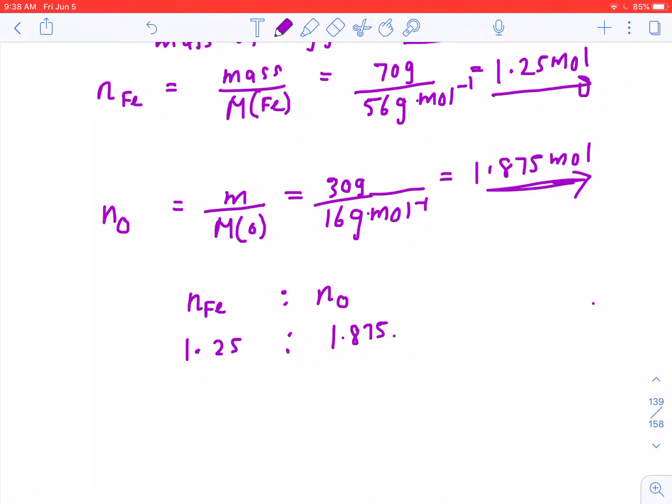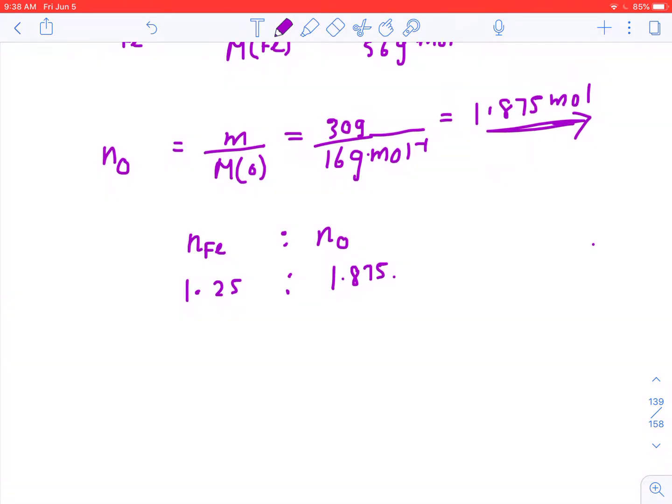We need to get the smallest ratio, so we divide by 1.25.